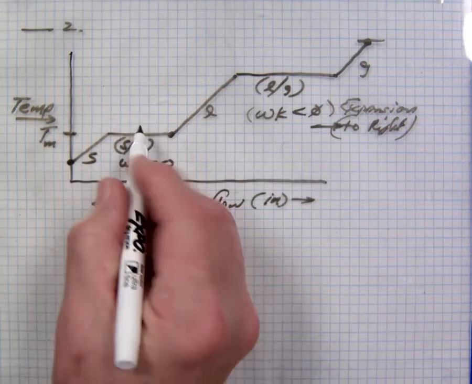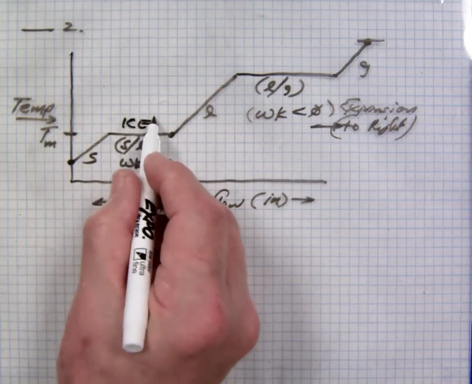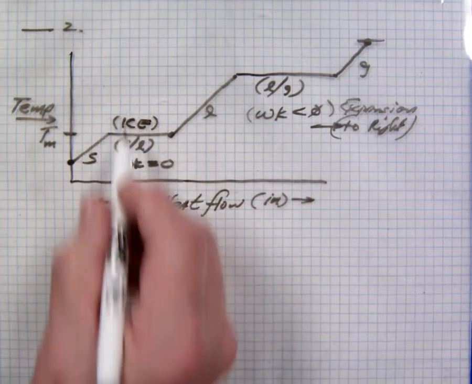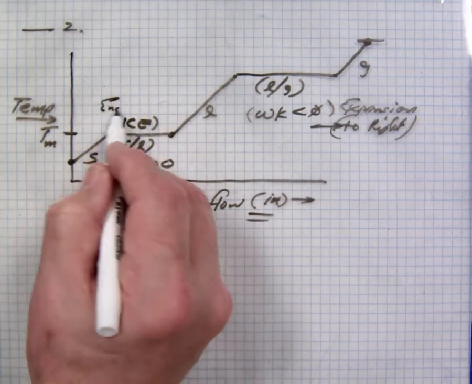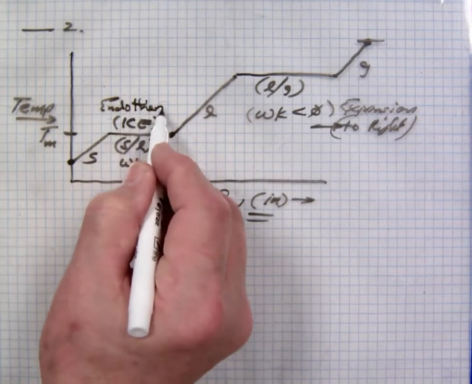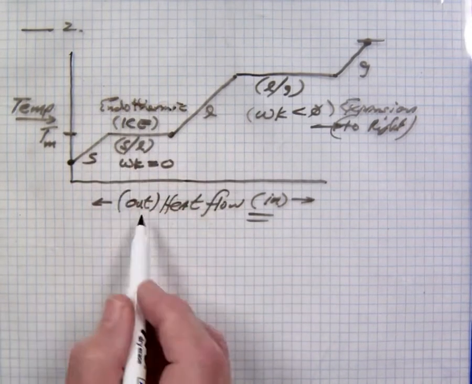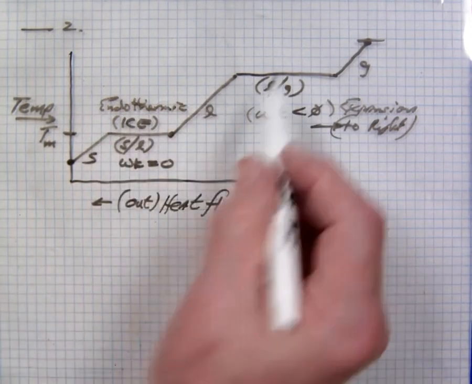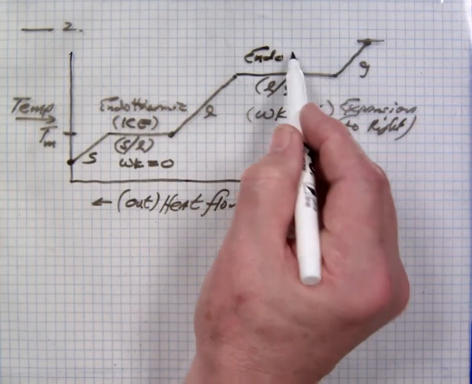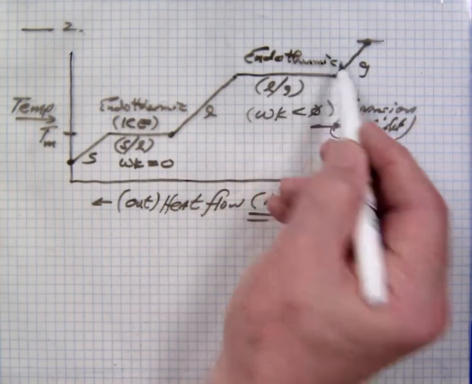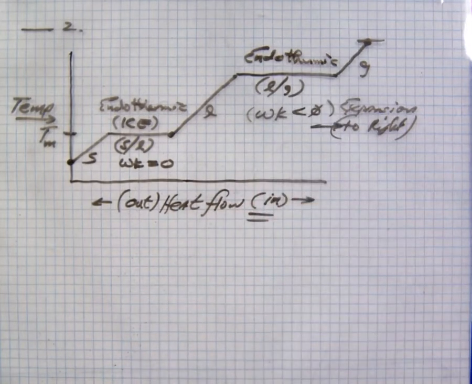Well, sure, if you have ice here and you're melting it, it takes input of energy to melt it, and so that's an endothermic process, but work is zero. Up here, this is also an endothermic going left to right, but work does not equal zero. That kind of help, Jimmy?